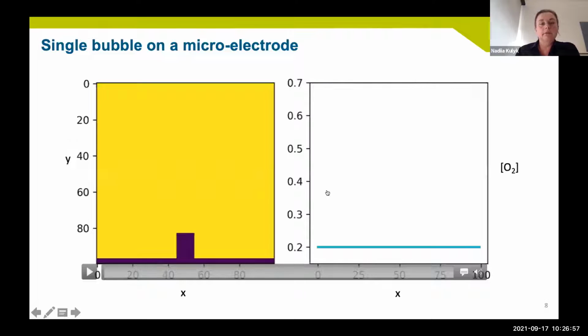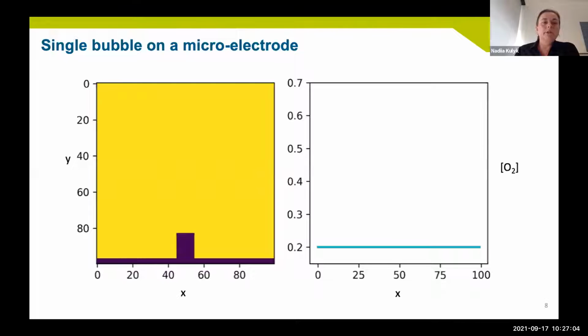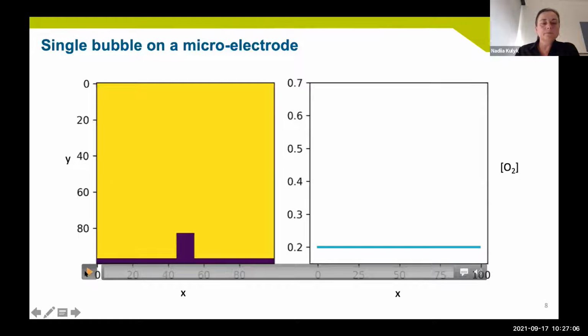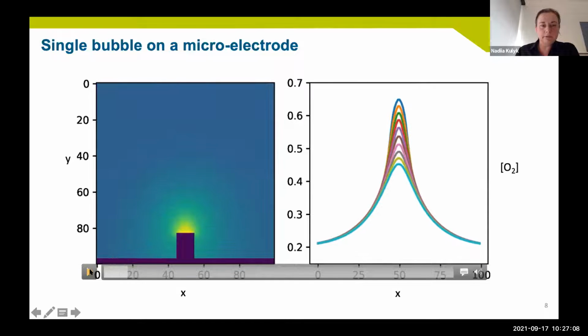Let's look at some results. This is reproducing that experiment. It's a single bubble on a microelectrode. I will stop the video here. On the right, you see the concentrations of product, let's say oxygen, in the vicinity of the electrode at different distances from the electrode. It grows as time goes.